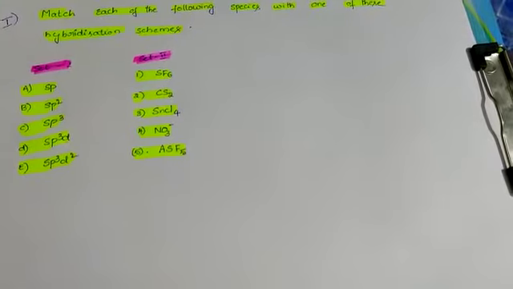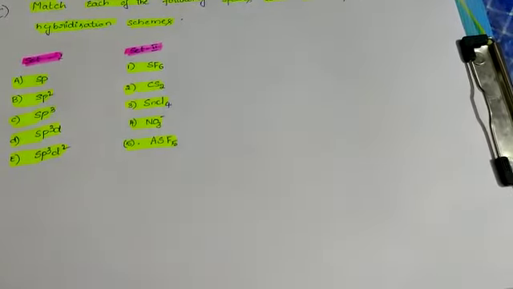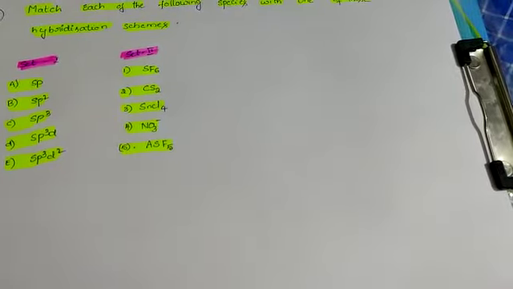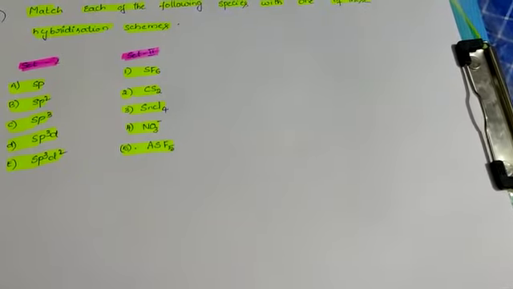Set 2, the molecules are SF6, CS2, SnCl4, NO3 minus, AsF5. These are the molecules and these are the hybridizations.